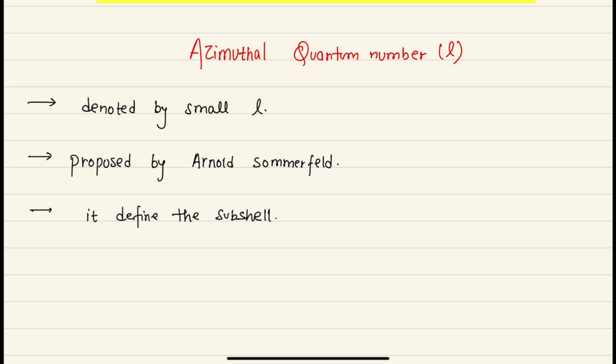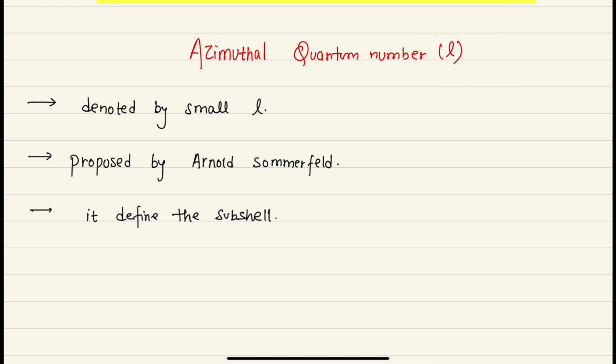And after that, from the Schrodinger equation also, we get L as a solution. First of all, this Azimuthal quantum number L was proposed by Arnold Sommerfeld. But when Schrodinger came, and you solve the Schrodinger equation, you get this L value as a solution.